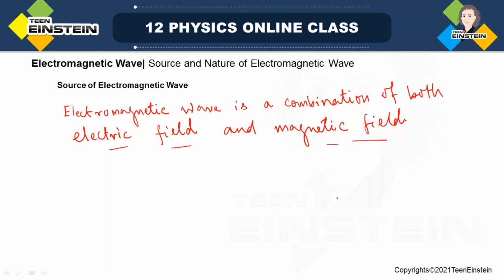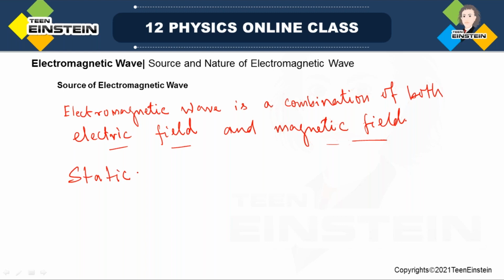Before we learn the source and nature, I'd like to first define what an electromagnetic wave is. An electromagnetic wave is a self-sustaining, self-generating wave of both electric and magnetic field.